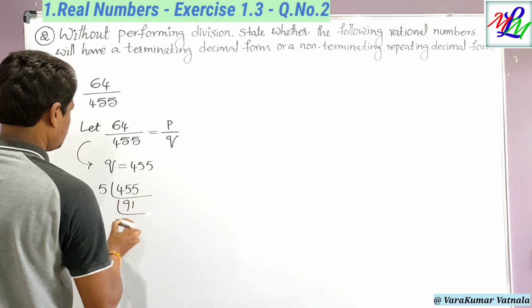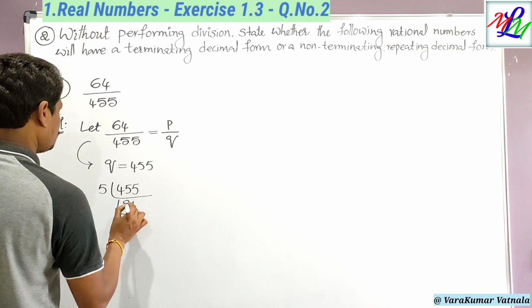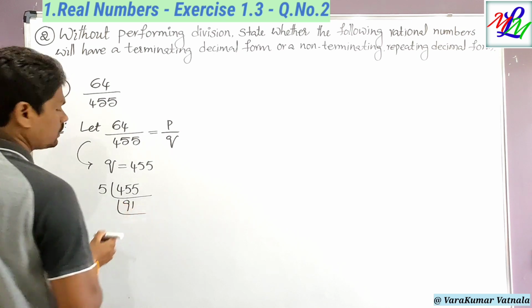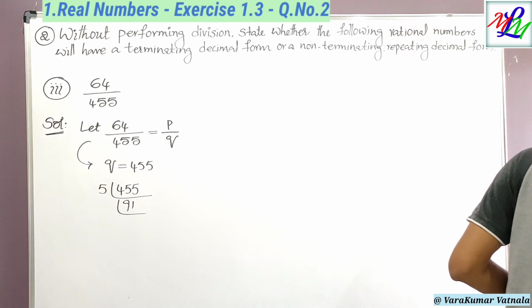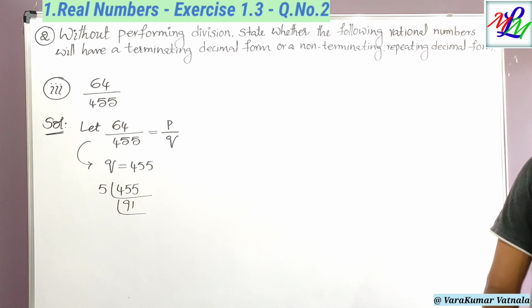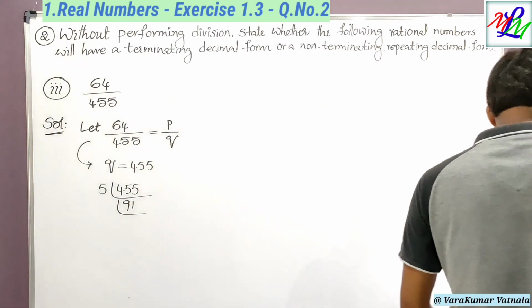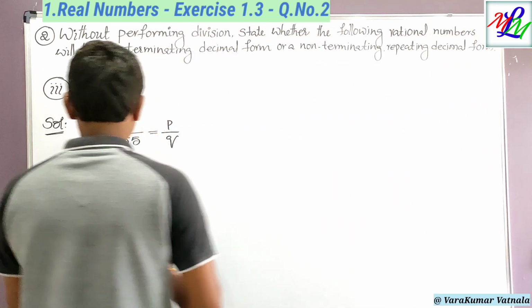So it is divisible by 5, and here it is 91.